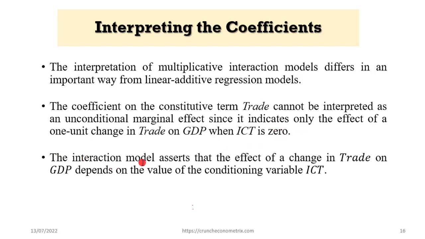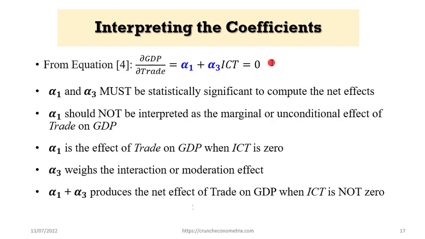The interaction model asserts that the effect of a change in trade on GDP depends on the value of the conditioning variable ICT. Now let's look at equation 4 closely.